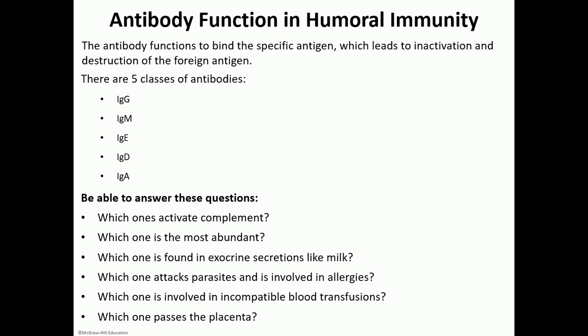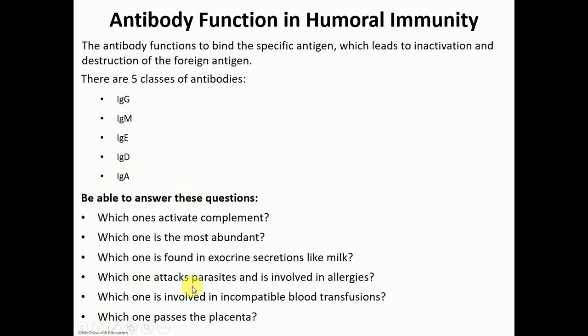It is really important since the immune system of the baby has not really kicked in fully, and it'll cover the baby for a couple of months until the baby's own immune system is ready and able to perform its function fully. Found in exocrine secretions like milk, again, is IgA, but it's also found in other exocrine secretions, like sweat, for example, and saliva. Any exocrine secretion that you can think of would have IgA.